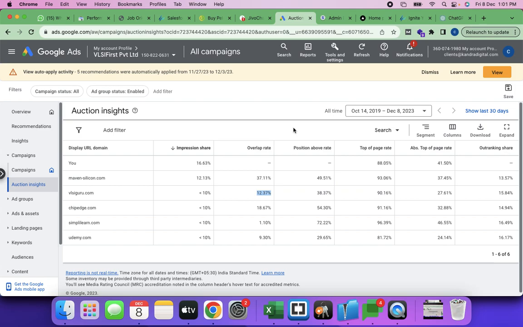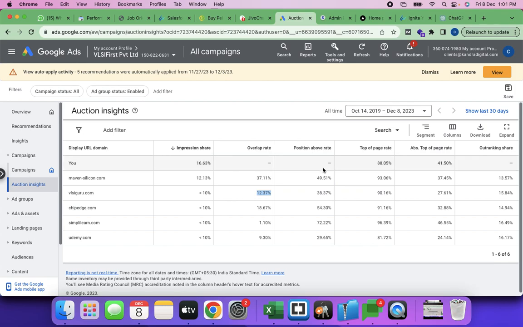You all understood, right? The position share is the number of times when there is an overlap between you and another player. Obviously, 37% overlap rate for Mammoth Silicon and VLSI. Mammoth Silicon showed up 37% of the time whenever VLSI has appeared. VLSI appeared 100 times, and Mammoth Silicon also appeared 37% of the time. Of that, 50% of the times, Mammoth Silicon took the first position on the ads.